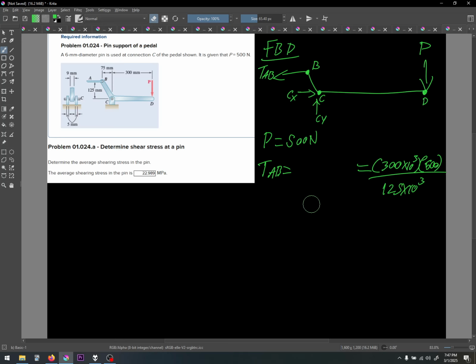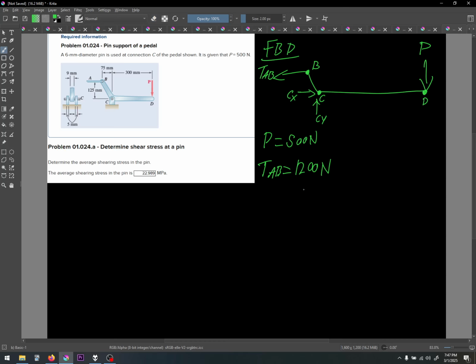Since they're both times 10 to the third but 500 isn't, I'm just going to keep it 300 times 10 to the third times 500 over 125 times 10 to the third, which is 1200 newtons. That kind of makes sense. It doesn't seem very far off, 500 newtons and 1200 newtons. So now we have T_AB.